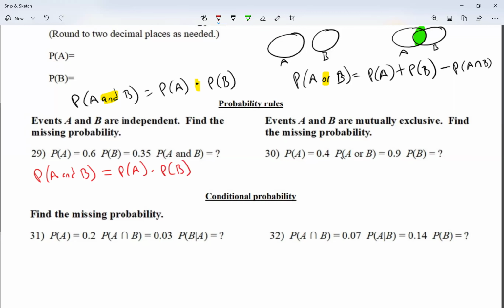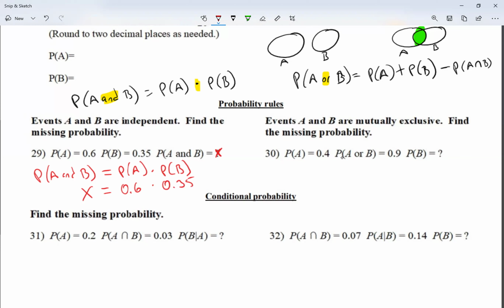Let me substitute the values that I know. Probability of A and B, I don't know what it is. I learned back in algebra, when I don't know the value of something, I replace it with X. So X equals probability of A, which is 0.6, times probability of B, which is 0.35.